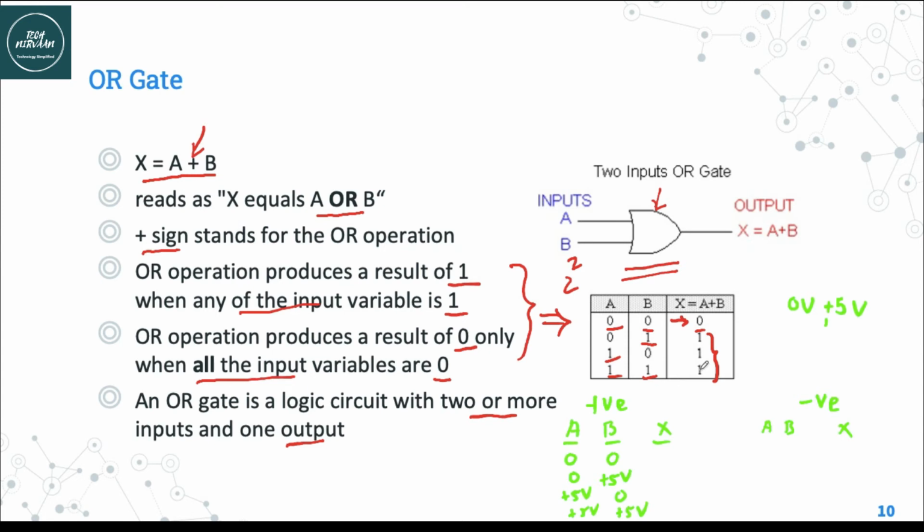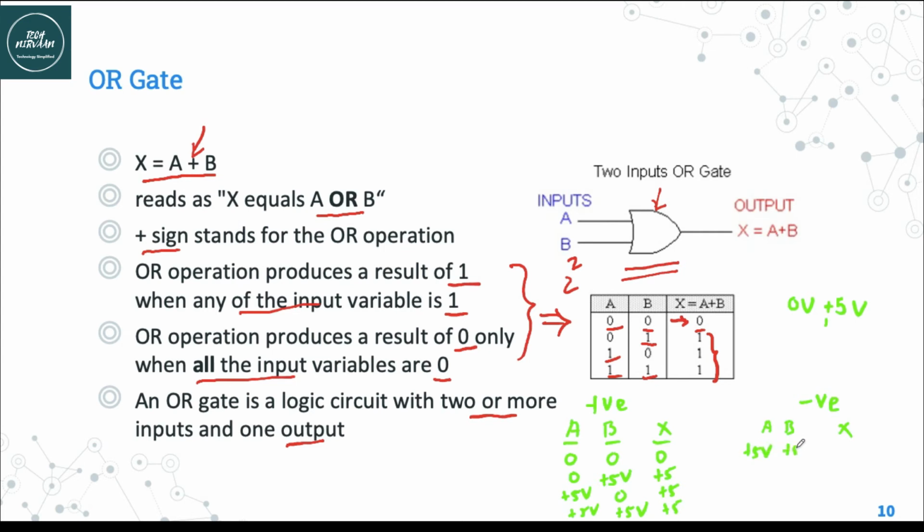So these are our inputs, and we will get output as 0 volt and plus 5, plus 5 and plus 5 volt. So this is positive logic system. In case of negative logic system, for 0 logic, we will have plus 5 volt.